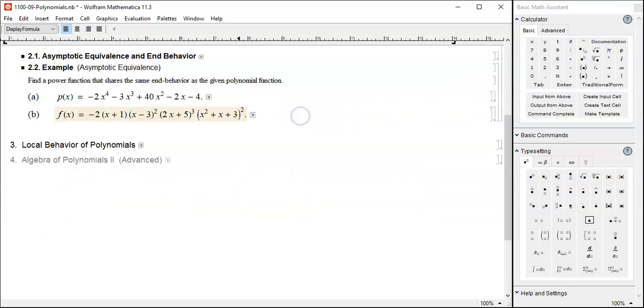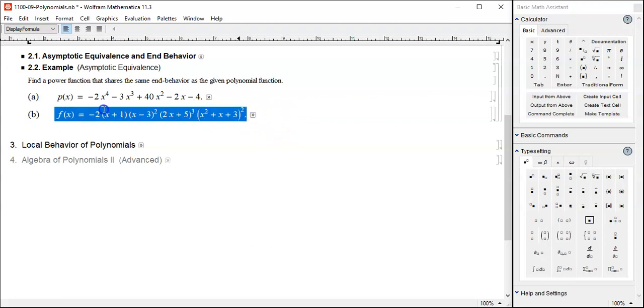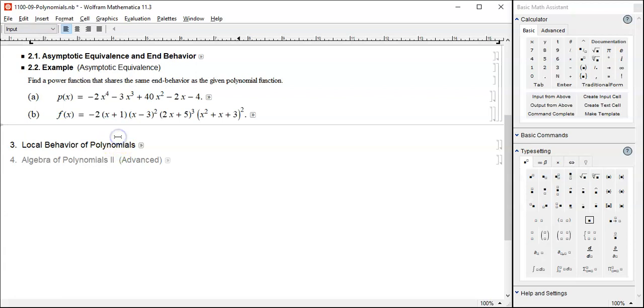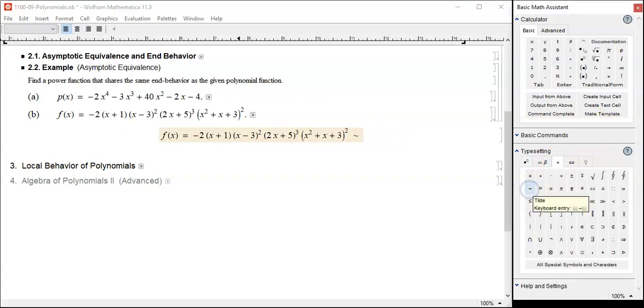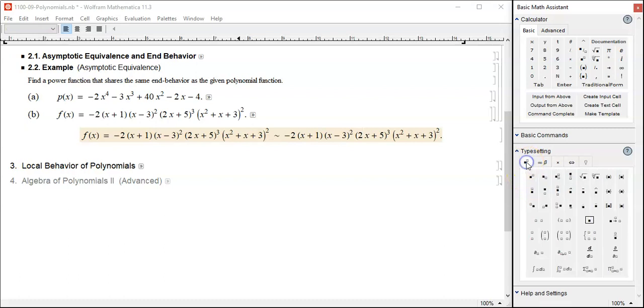Okay, how about this one? A little bit more challenging, but actually the same idea. Let me copy and paste this entire thing. Okay, let's start from here. Now we're taking the asymptotic equivalence, so the highest degree term wins. So we have x plus 1.